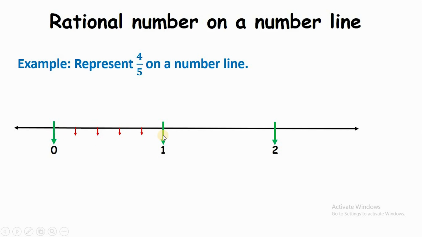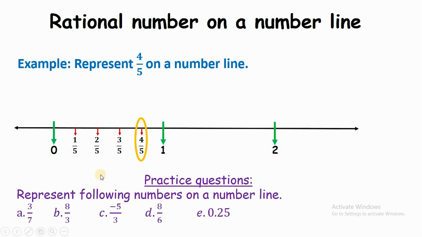We have divided this line segment into 5 equal parts. So 0 divided by 5 is 0. The first number is 1 by 5, then 2 by 5, 3 by 5, 4 by 5, and 5 by 5 is equal to 1. And this is our required number on the number line.